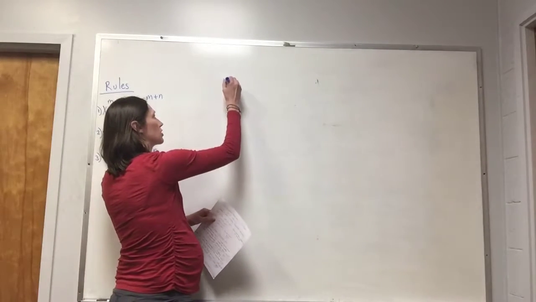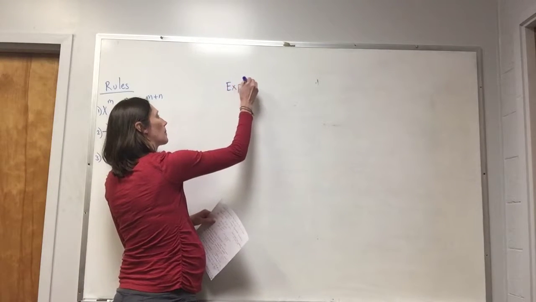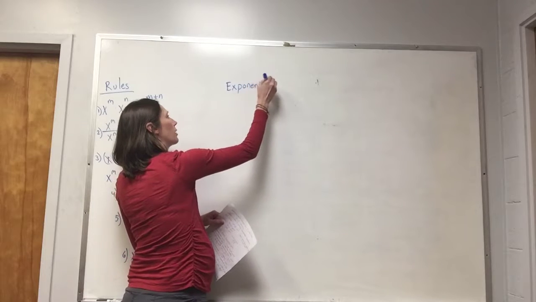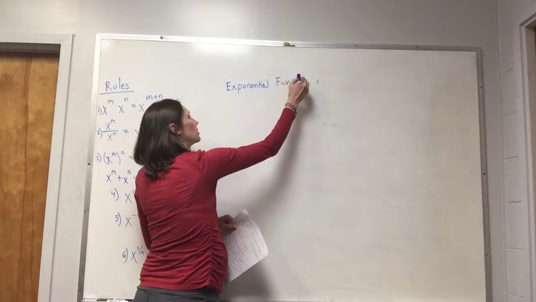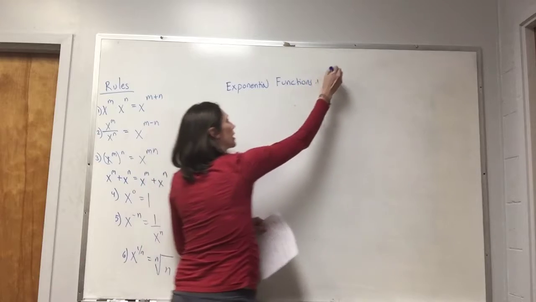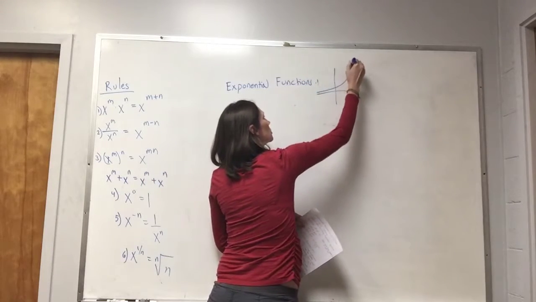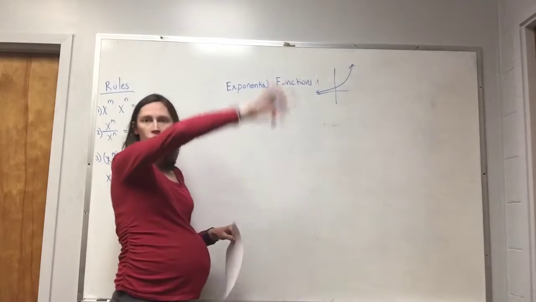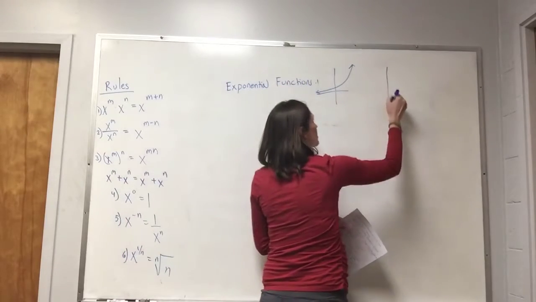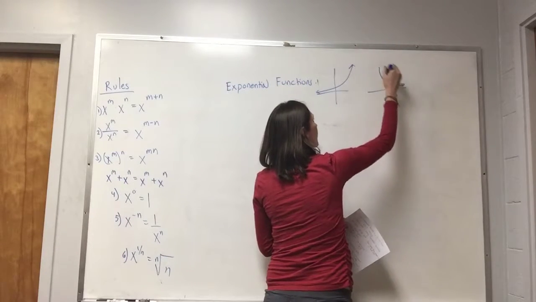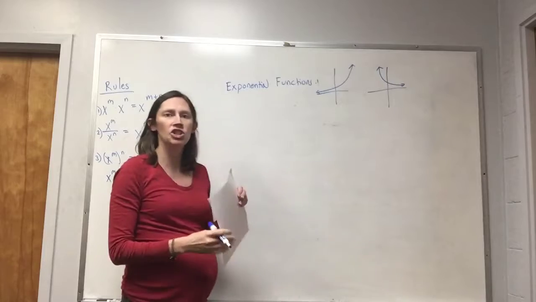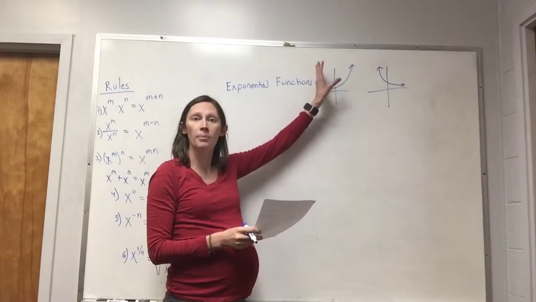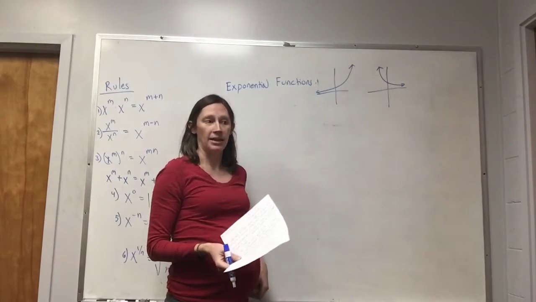So exponential functions, which were in the last video, looked like the following, right? That was the growth, and then we had a separate one that maybe we called decay. And no matter how I might shift this, right? Maybe it gets shifted up because I add something at the very end of the function.